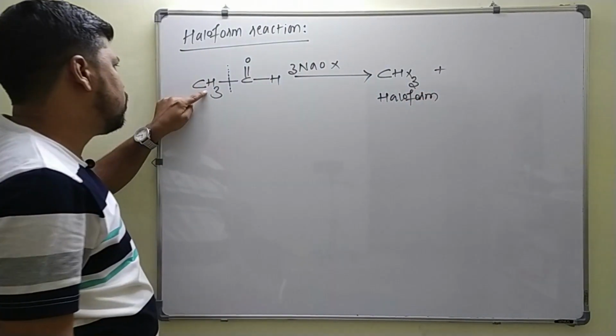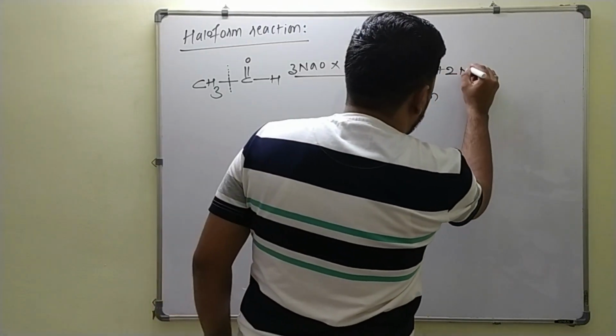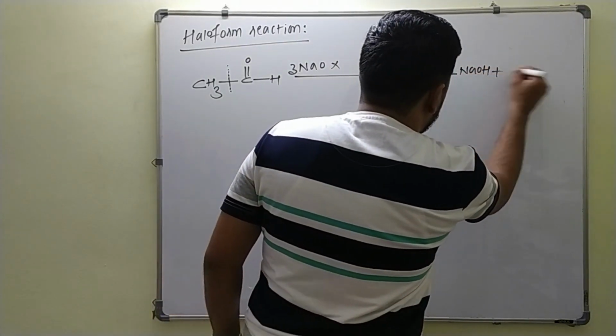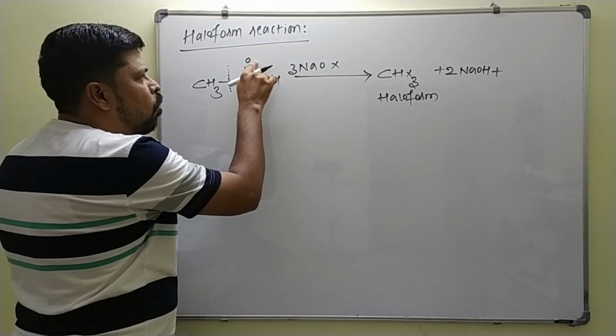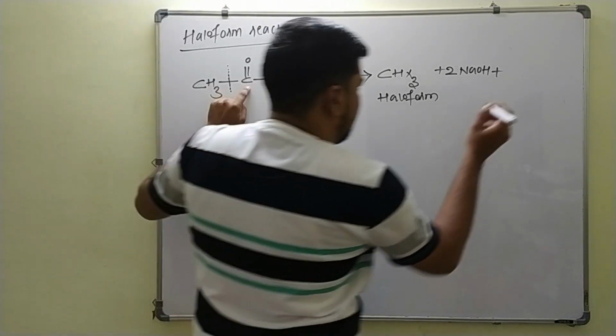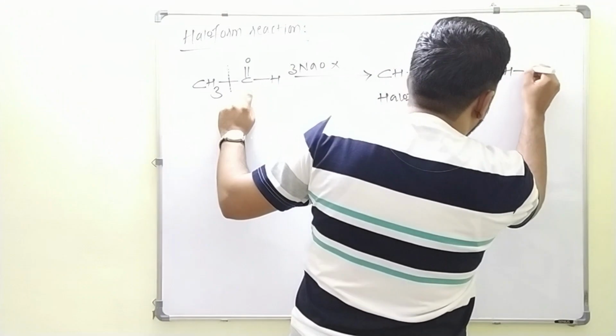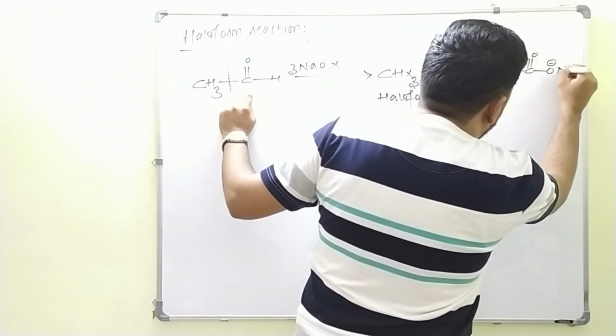plus the remaining 2 hydrogens will combine with 2 NaO to form 2 times NaOH, plus the remaining is what here? HCOONa is remaining, one ONa is remaining here, so that will be written as HCOO minus Na plus.